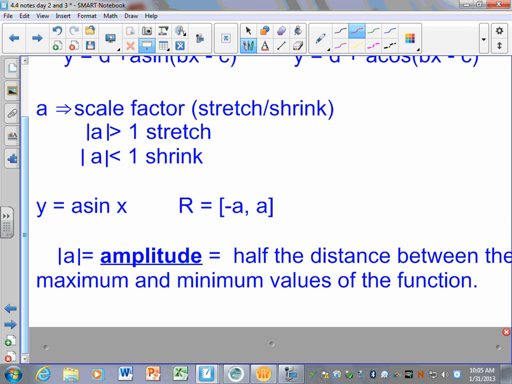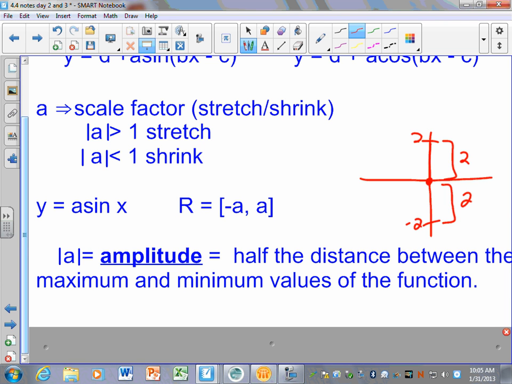No, well, if it goes up to 2 and down to negative 2, what's half the distance between that? Well, that would be the halfway point, but don't you agree that would be a distance of 2, and that would be a distance of 2? You see what I'm saying? That's the book's definition. I always just say the amplitude is whatever number's in front, the absolute value of it.